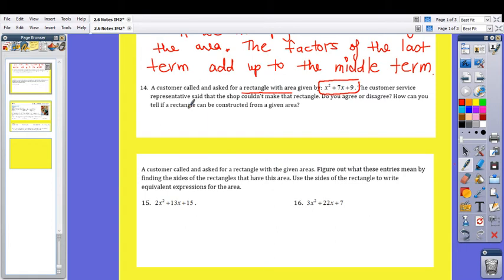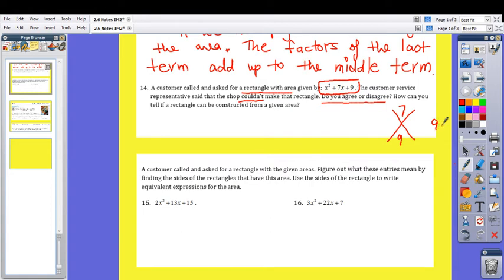The customer service representative said that it's not possible. So what do you think? Do we agree or disagree? Can we make the rectangle with the given area that the customer gave us? So let's find out. If we put 7 here and 9 here, now we need to find two factors of 9 that add up to 7.